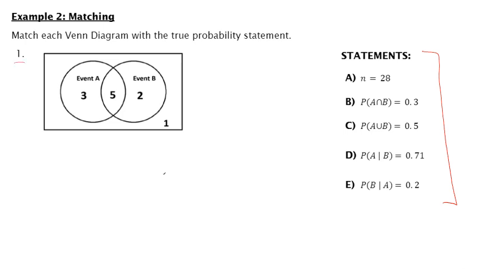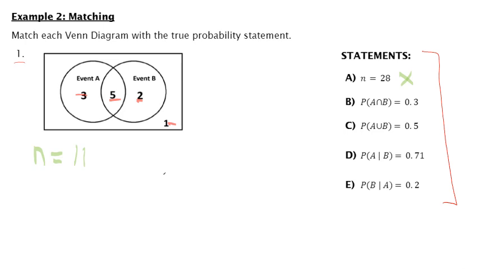The first thing we see on here is the sample size. If we were to add all these up, we have a 3, a 5, a 2, and a 1. If I add all of these up, our sample size is going to add up to 11. So we know that the first one isn't going to go with number 1.